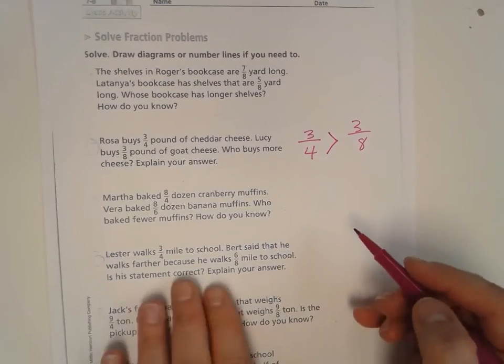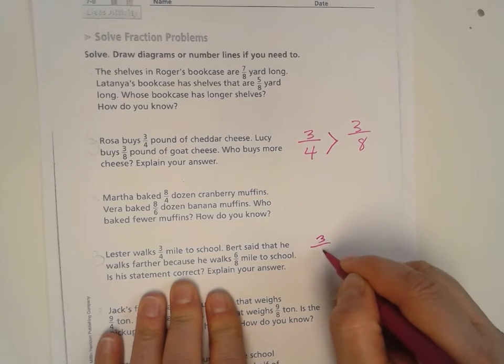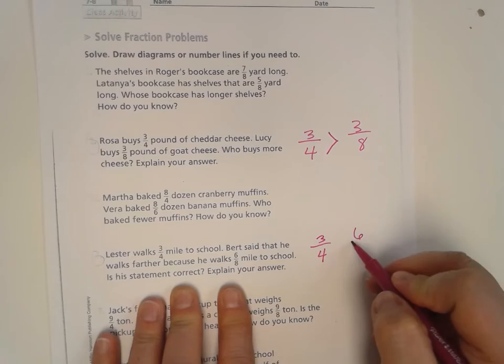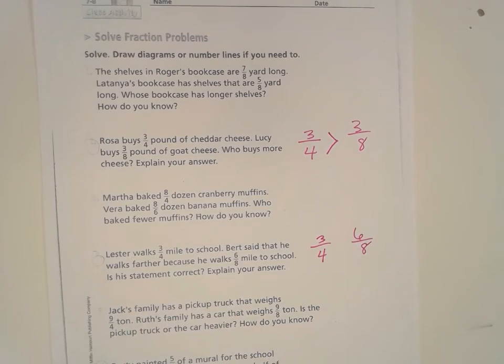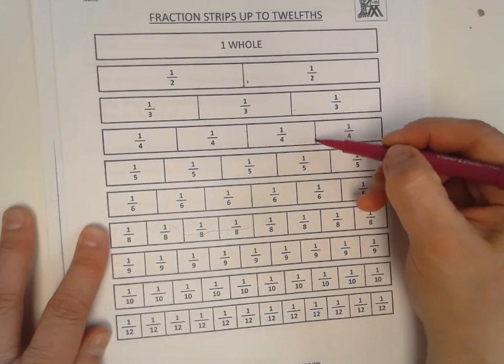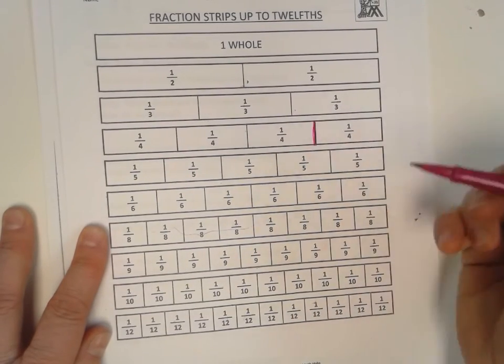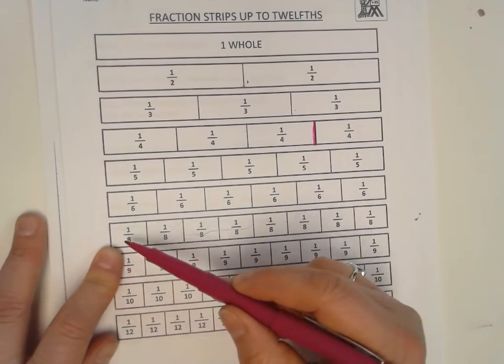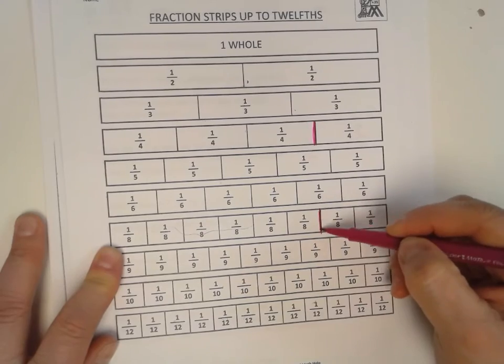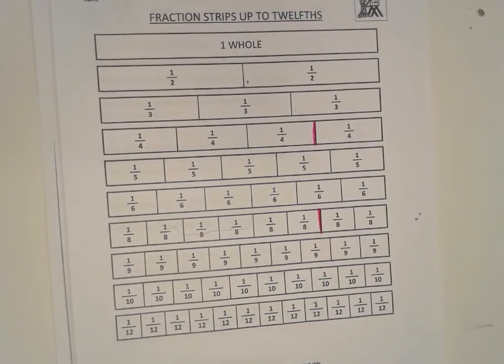All right, Lester walks 3/4 of a mile to school. Bert said that he walks farther because he walks 6/8 of a mile to school. Is his statement correct? Explain your answer. Let's look here. 3/4, 1, 2, 3. Here's our line. And the other one is 6/8, 1, 2, 3, 4, 5, 6. What do you notice about those lines, my friend?